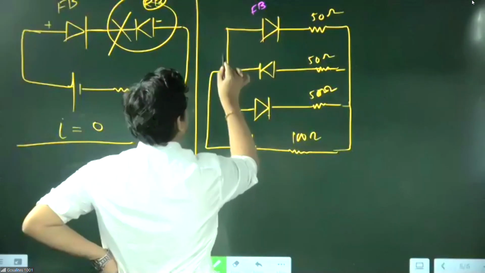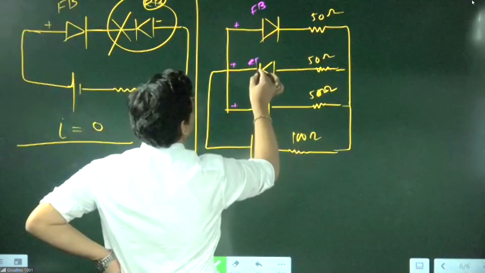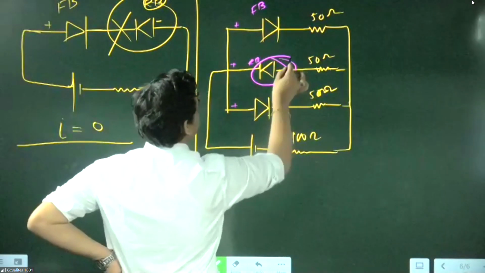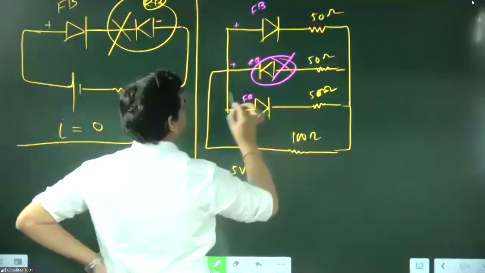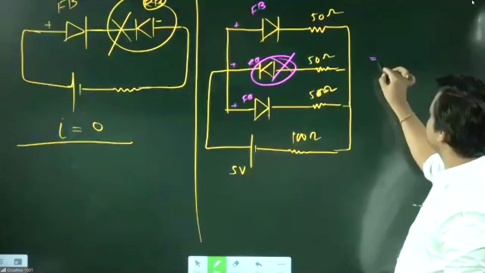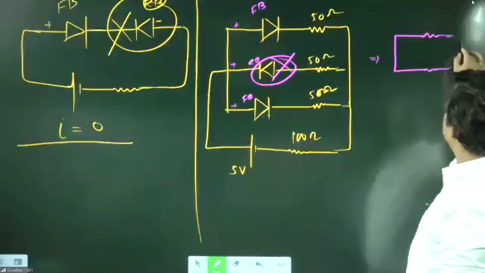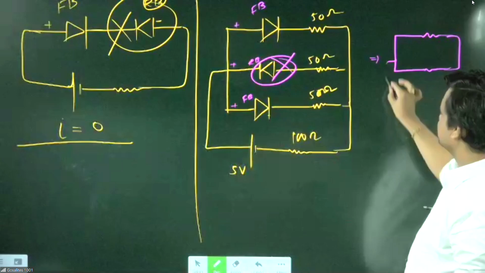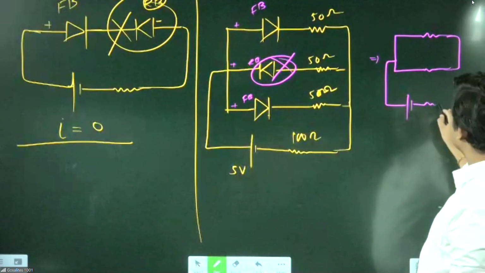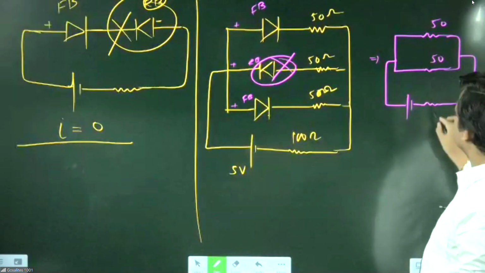So positive here, positive here, positive here. This becomes your reverse bias. Reverse bias means you have to ultimately remove this. This is also forward. So one will be removed, and when one is removed, this is the 50 left here, and this is the 50 left here. Situation: 50, 50, and this is your how much?